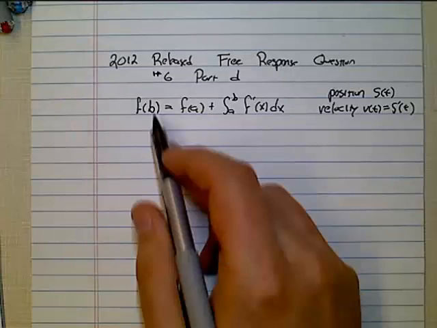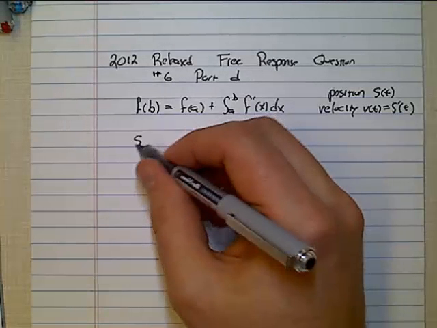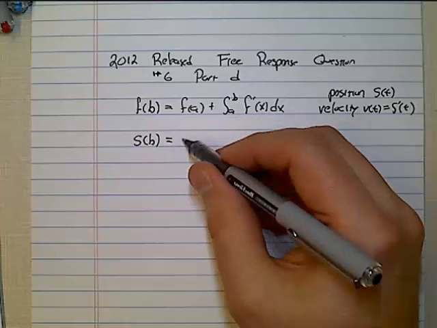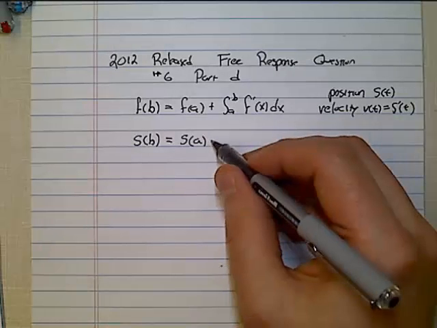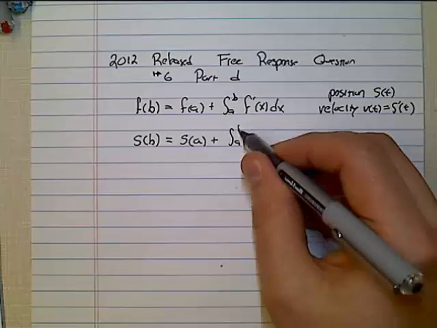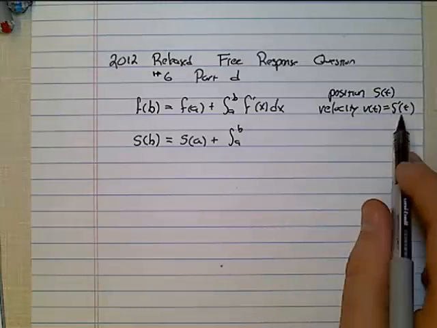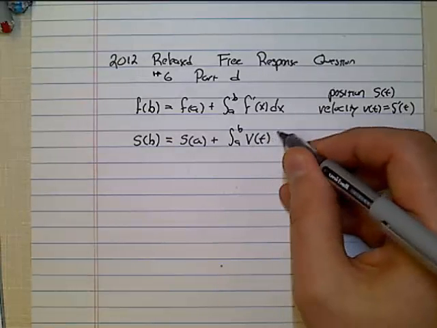So if I translate this into position and velocity, s of some time in the future is equal to our position at some known time, plus the integral from a to b of, since velocity is equal to s prime, for our f prime, it's just the velocity function.